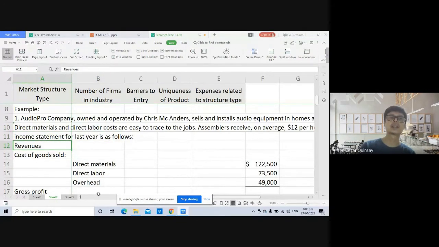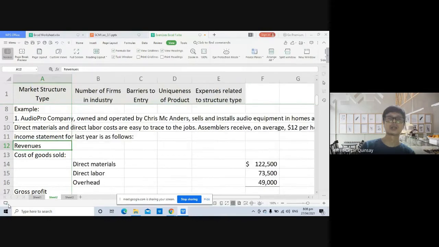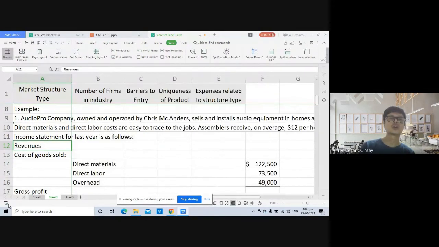So makikita natin dito, no, ito yung data, no. Okay, so yung revenues niya is $350,350. Yung cost of goods sold, so makikita natin dito, ito yung cost elements, no? Direct materials, direct labor, and overhead.